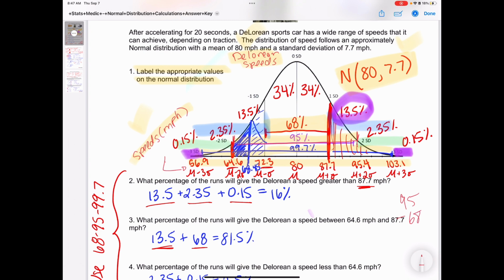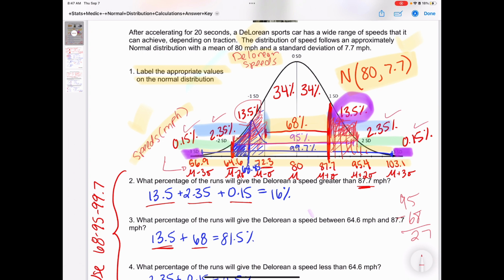Then 95 minus 68, we get 27. And divide it by 2 because I have this portion here and I have this portion here. So 27 divided by 2 is 13.5. Similarly, that's how I got the rest of these values.